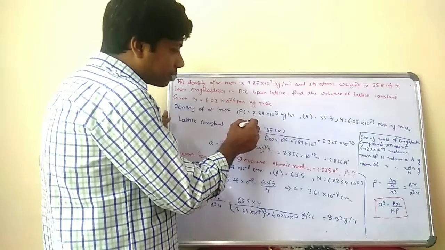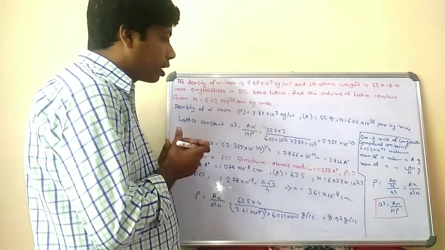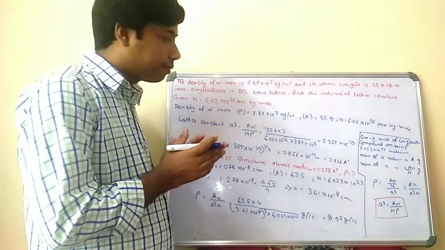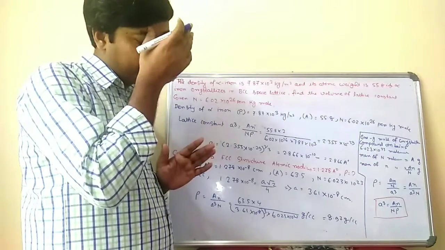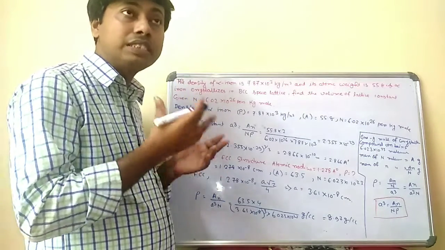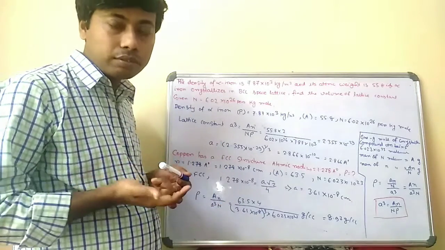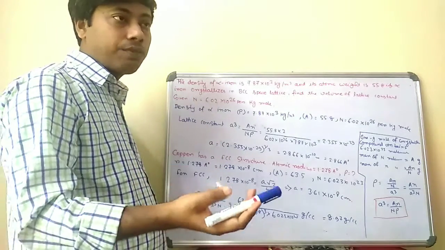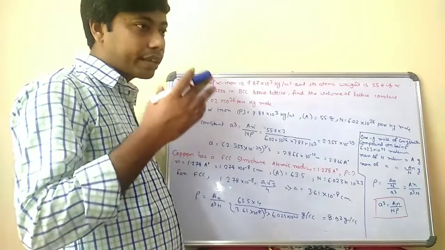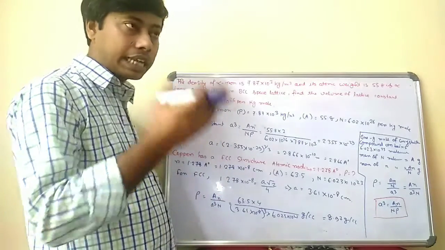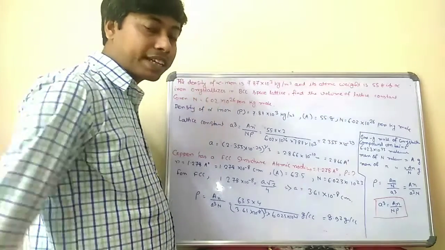Now you know the atomic weight of a particular material like alpha iron. Small n is the number of atoms per unit cell: for the BCC structure it is 2, for simple cubic it is 1, and for FCC it is 4. In this way we can calculate the number of atoms per unit cell when you calculate the atomic packing factor.